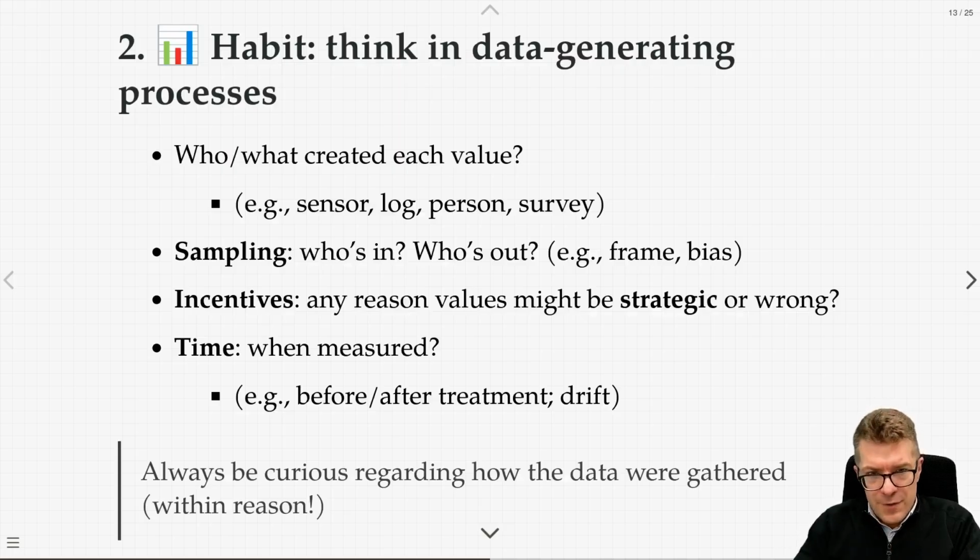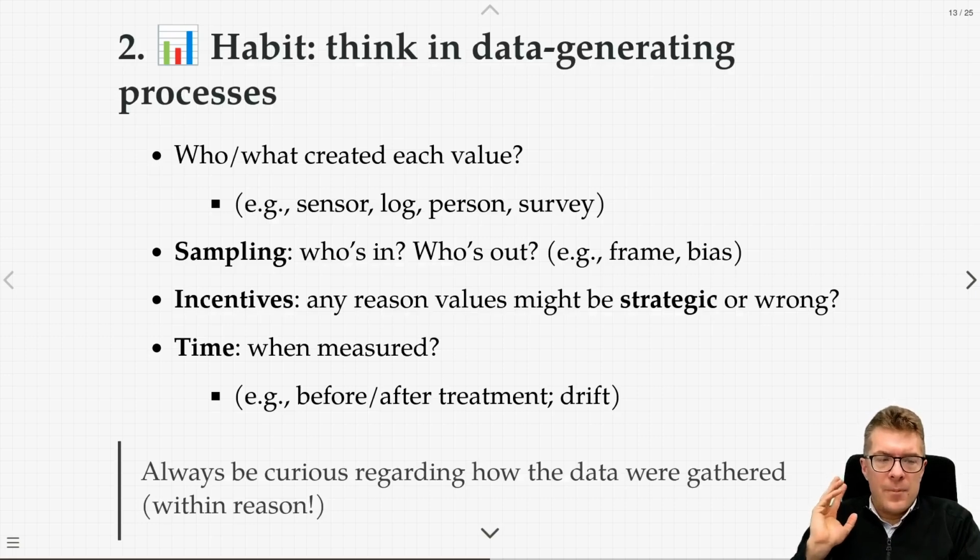Are there any incentives to the data? Any reason that the values we have obtained might be strategically obtained or wrong in some other way? We're going to get into this throughout this course, but there's a good way to do data acquisition, data collection, and there are bad ways of doing data acquisition and collection.